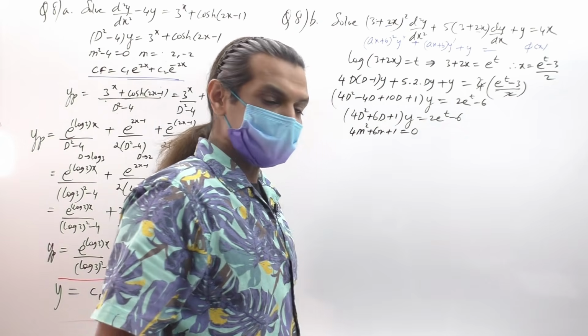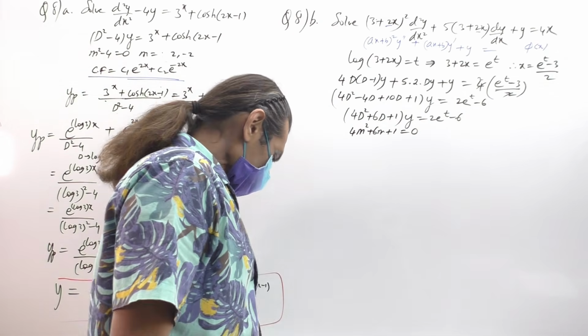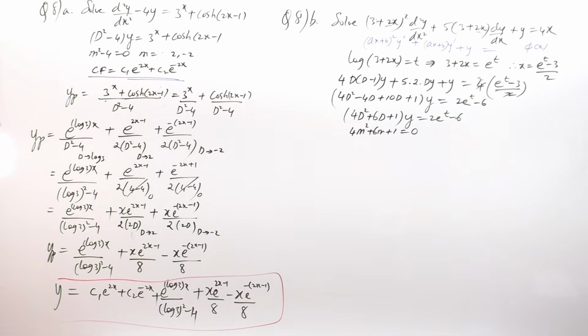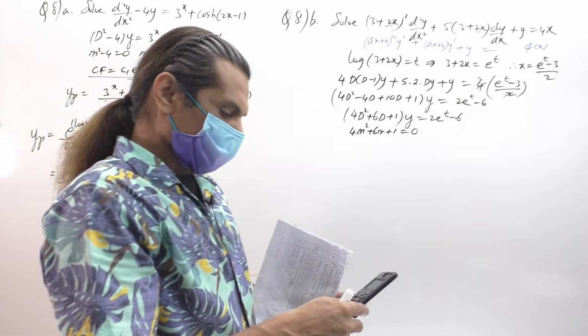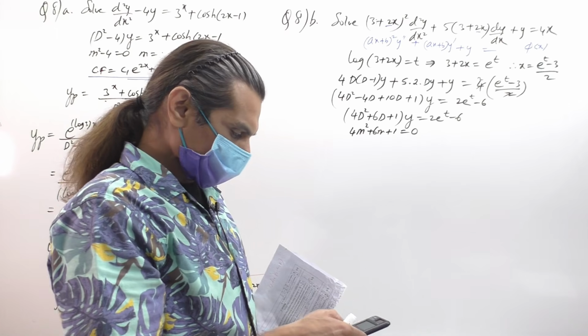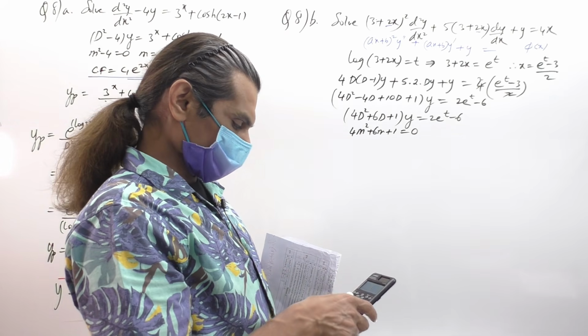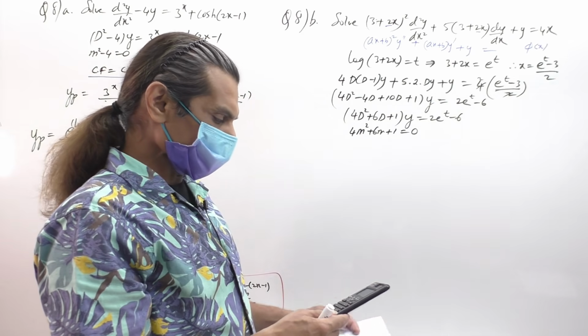This is the auxiliary equation. From here we find the roots, so better I use the calculator. In the calculator we put mode, equation, polynomial, second order.